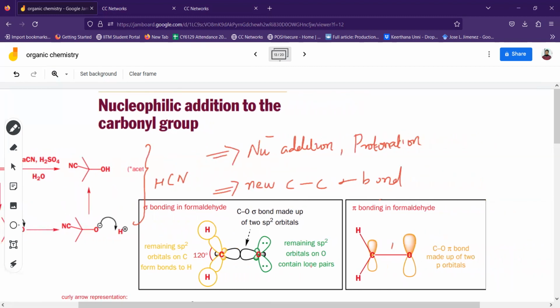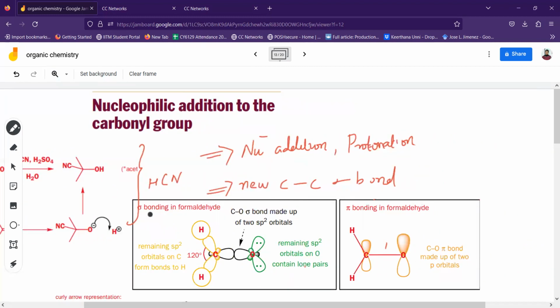So here they are just explaining how the bonding is formed in formaldehyde. In formaldehyde, the carbon is sp2 hybridized and the oxygen is also sp2 hybridized. So these sp2 orbitals are overlapped. Here the other two orbitals of carbon are overlapped with hydrogen, and in the case of oxygen, lone pairs are there.